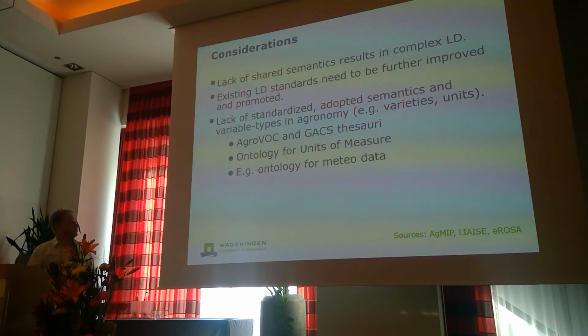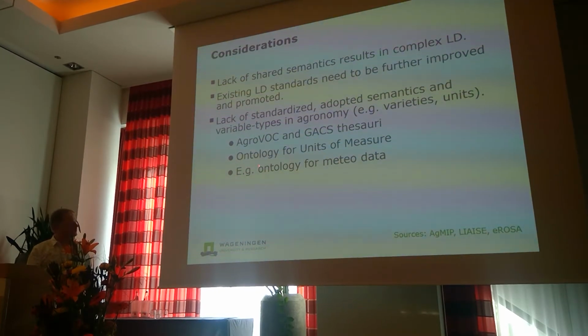The existing standards, AgriBlock and GACS, which I mentioned, are very important, even though they're thesauri, but still it helps if we all use those. And the thing I ran into, which is very important, is an ontology of units. Units of measure would be very sensible to have and start using the same one.